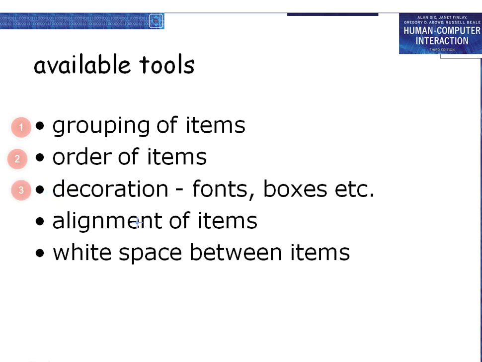The third is decoration, like font, box, color or something. Alignment of the items makes it easy to read, easy to understand or easy to operate. The last one is white space between the items. It makes it comfortable for the user, for the human, to understand how to interact with the system or the software.